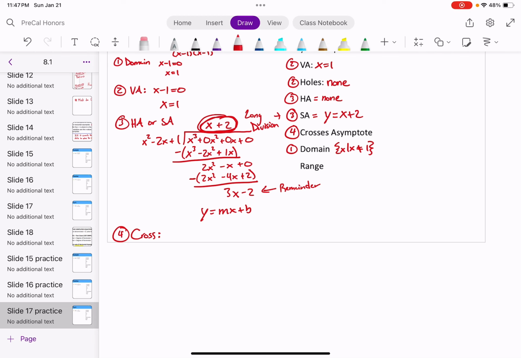Now, here, remember, we are going to get our slant asymptote, which is x plus 2, and we're going to set it equal to our simplified equation, which is x to the third over x squared minus 2x plus 1. And we're going to multiply both sides by that x squared minus 2x plus 1.